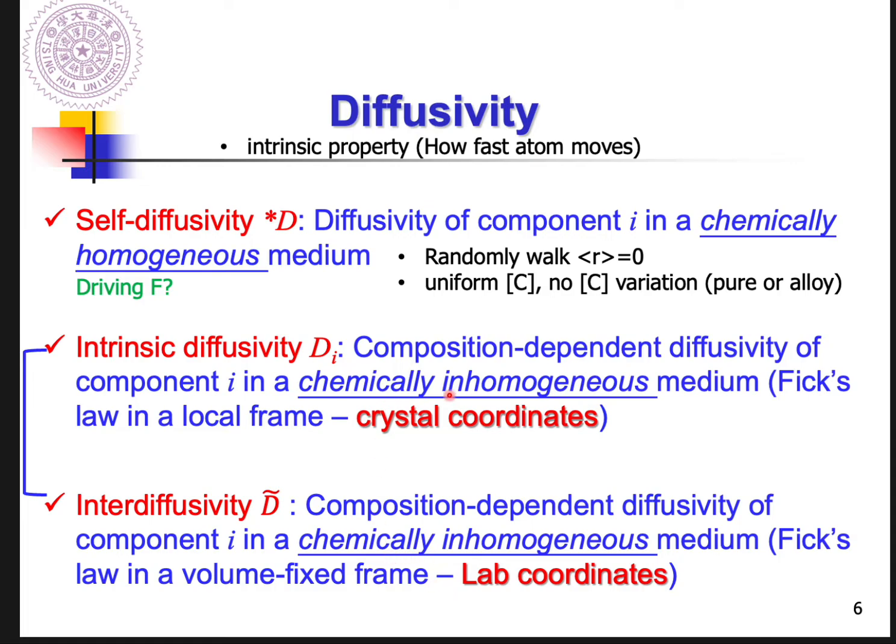So what is a chemically inhomogeneous medium? It means that the concentration of your atom of interest is not uniform. There's a concentration variation along your material. So we call it a chemically inhomogeneous medium.